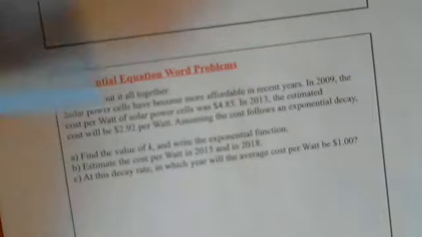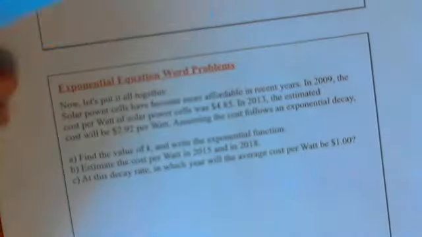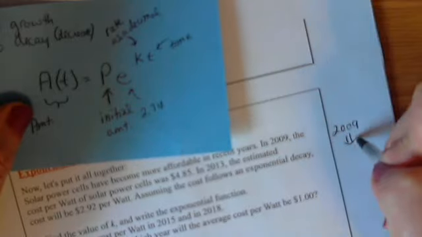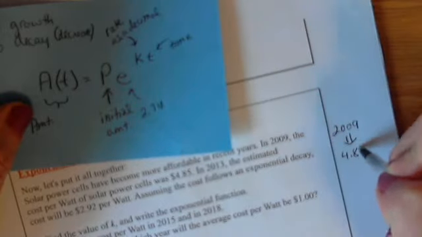They're all related. So let's get started by grabbing our note card with this function on it, because we're going to use this exponential decay function. In this case it's decay because it looks like the cost is decreasing. Let's analyze a couple of things. In 2009, the cost was $4.85, so it started out at that.